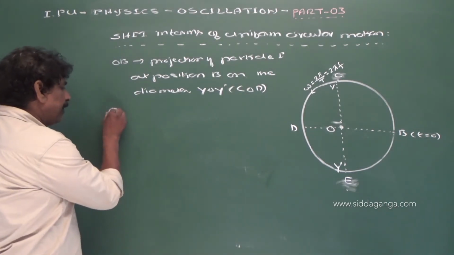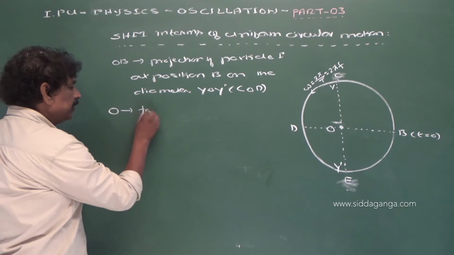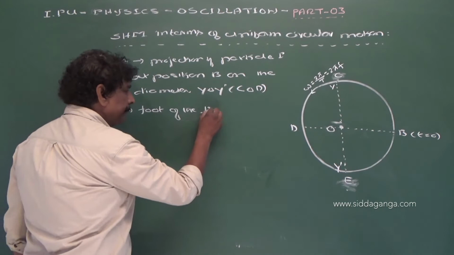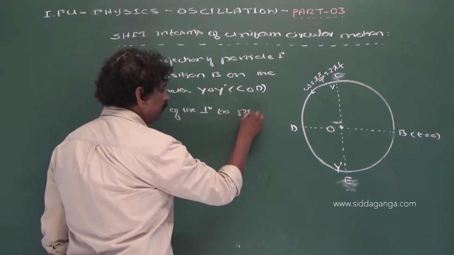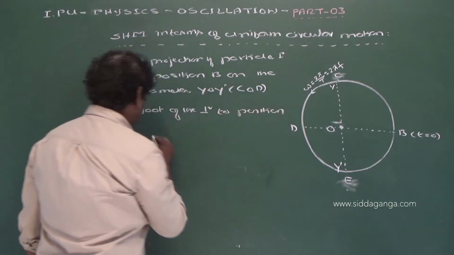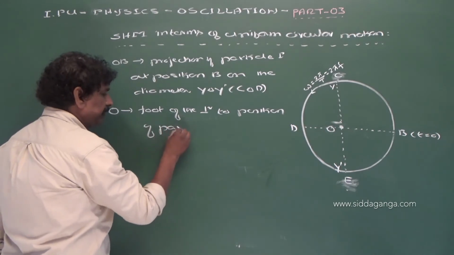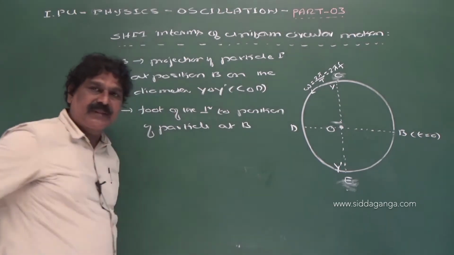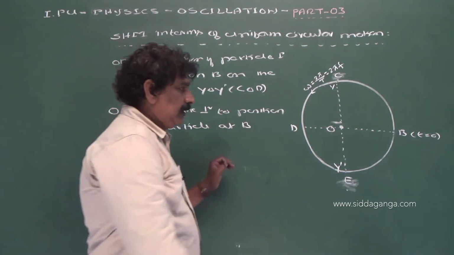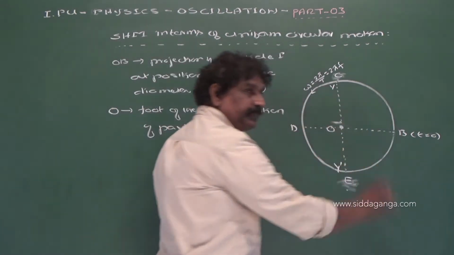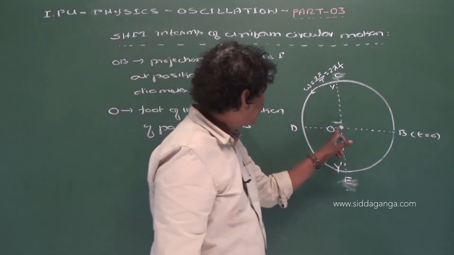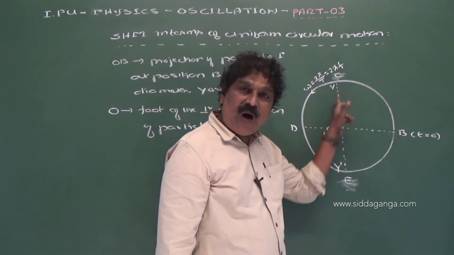So here the point O is called foot of the perpendicular to the position of particle at B. Now the position B has a projection O on the diameter.